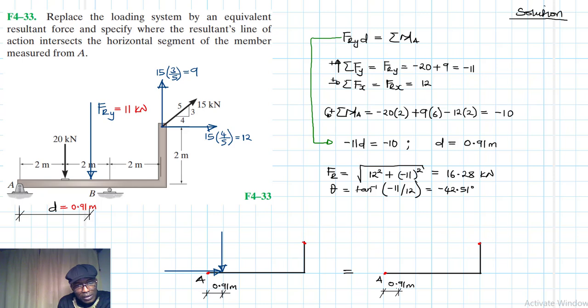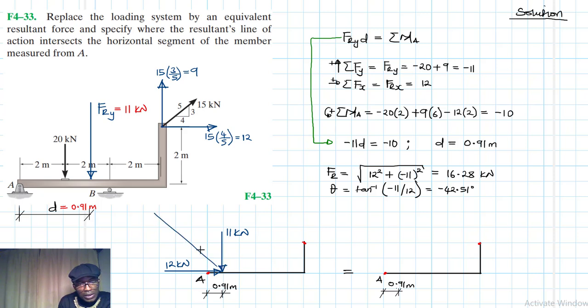So we have the magnitude of the vertical component as 11 kilonewtons, and the x component as 12 kilonewtons.